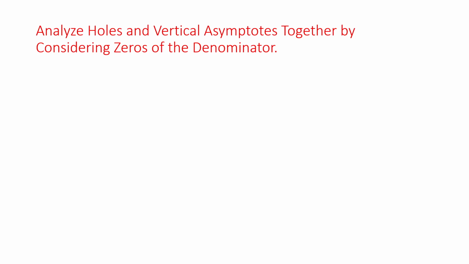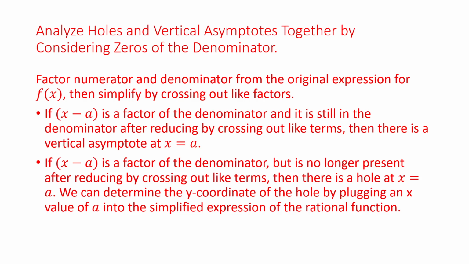So here's a summary. When you're analyzing holes and vertical asymptotes, do it together by considering zeros of the denominator. What you do is factor the numerator and denominator from the original expression for f of x, then simplify by crossing out like factors. If x minus a is a factor of the denominator and it's still in the denominator after you reduce by crossing out like terms, then you've got a vertical asymptote at x equals a.